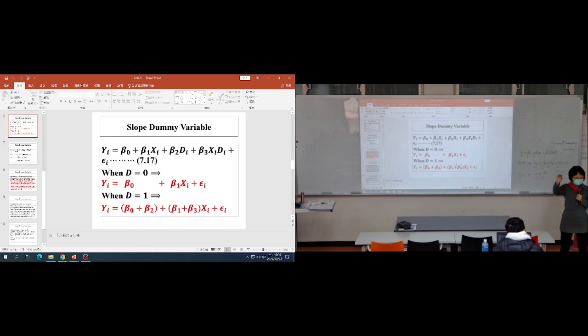Then we can check the p-values and t-values. If it is significant, it means it passed our alpha level, so this beta 2 is significant, which means the difference between these two is significant.